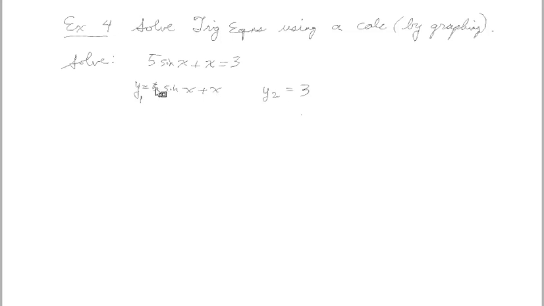Since we're looking for the x values when the y value here is the same as the y value here, we're looking for when this function will cross with this function, and then we look for the corresponding x values.